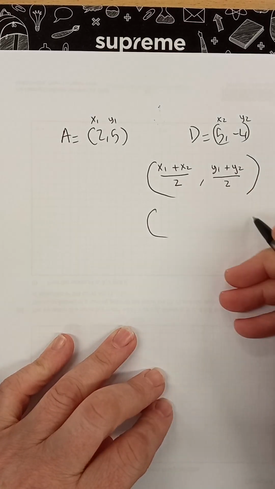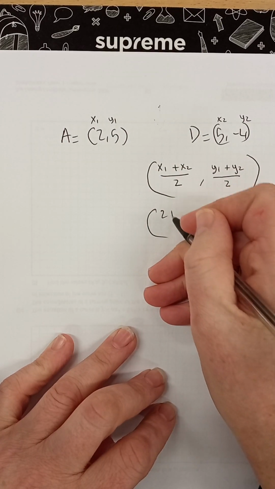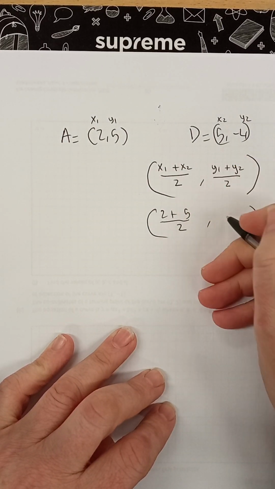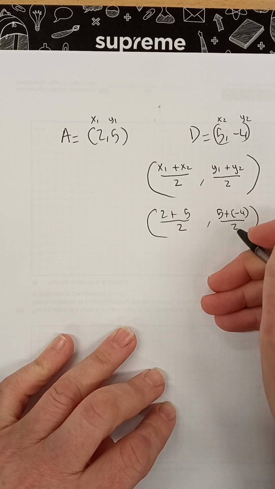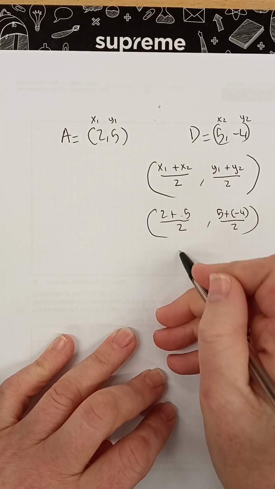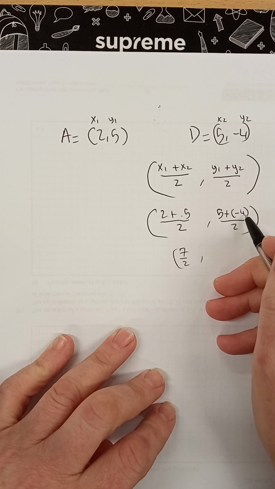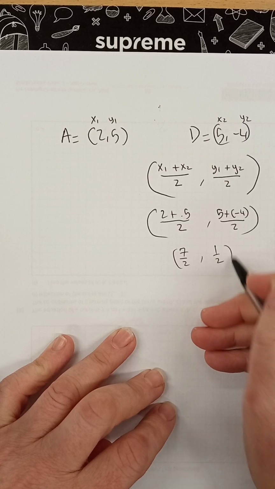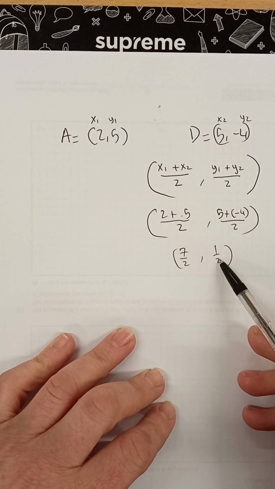So I'm going to replace that now. x1 plus x2, so 2 plus 5 divided by 2, and then we have y1 plus y2, 5 plus minus 4 divided by 2. So 2 plus 5 is 7. That's 7 over 2, or 3.5. And 5 plus minus 4 is 5 minus 4, which is 1, which is a half. So halfway between those 2 points is 3.5 and a half.